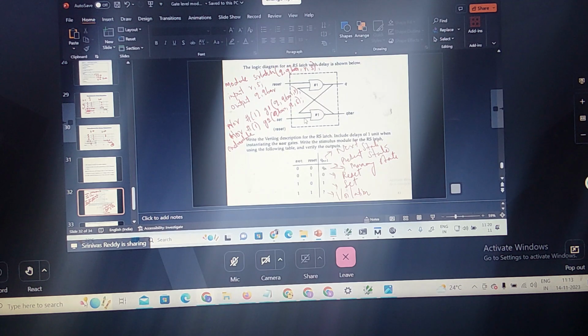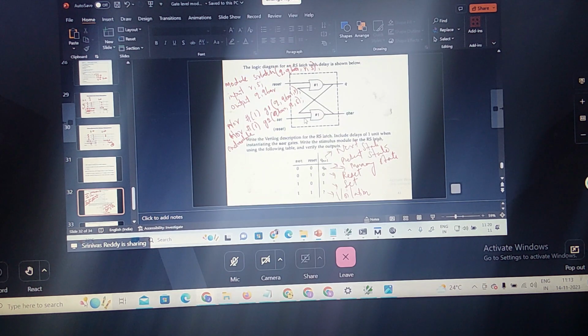Now write the test bench for this. How to write the test bench? Keep reg R and S, wire Q and Q bar, instantiate the design file, then initial begin, generate the inputs, display, and get the output. So this is one program I am giving as an exercise.